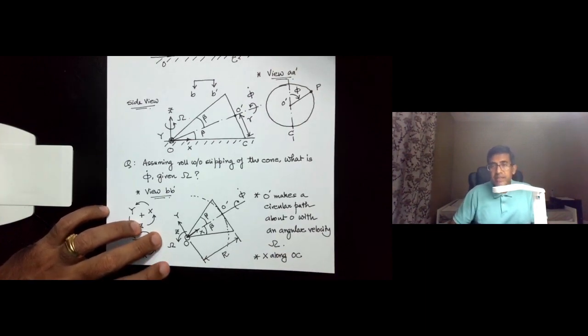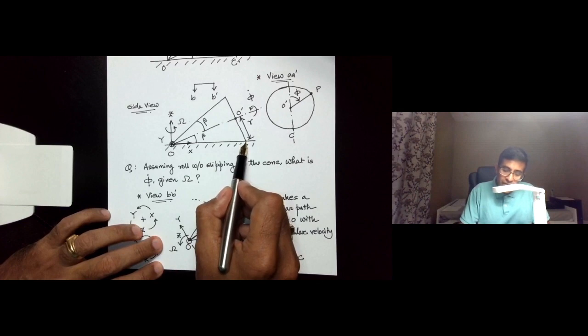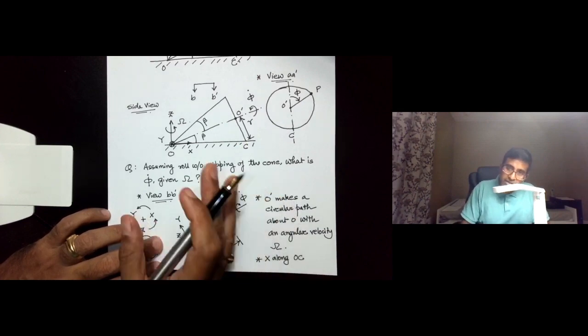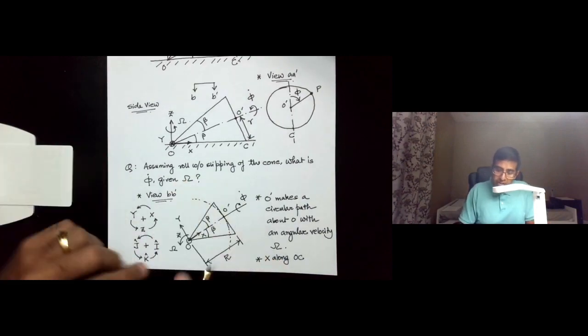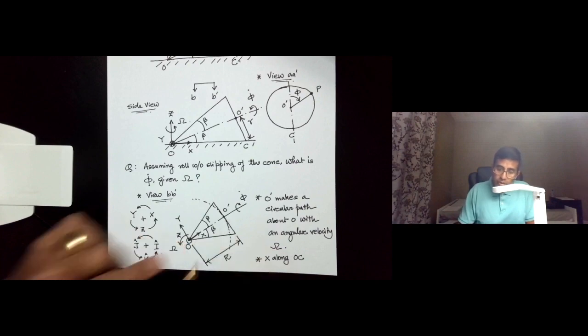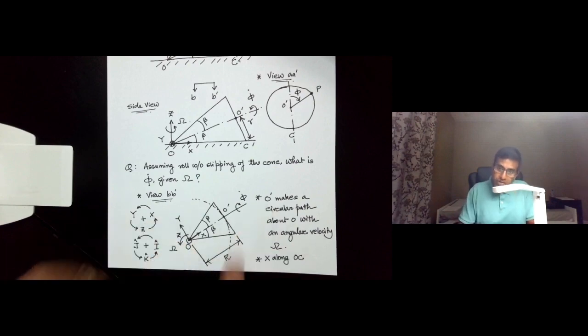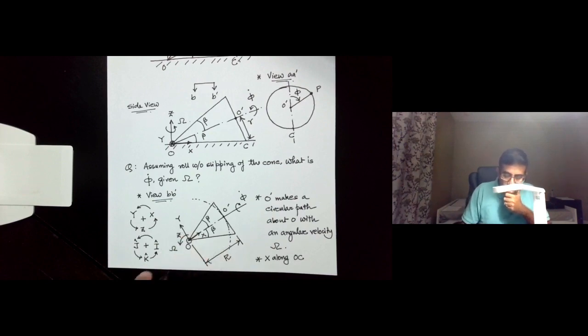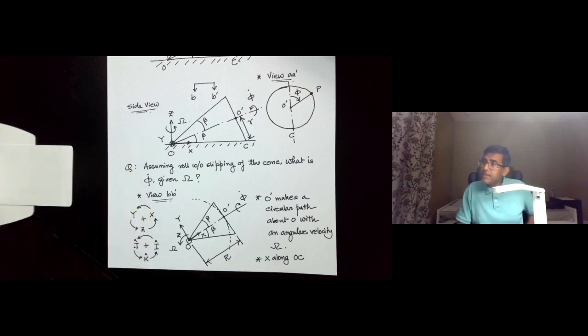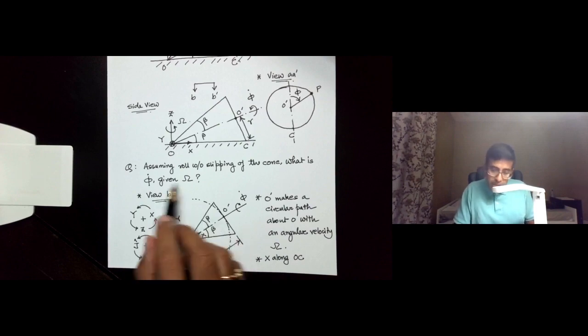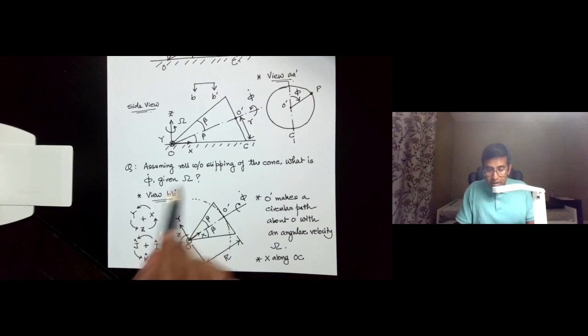C is the instantaneous point of contact of this base circle with the ground, and so as the cone rolls, that point C is also going to change, but the x-axis is always going to be along the line from O towards the point C. So it's a rotating coordinate frame, and y is of course just perpendicular to x on the horizontal plane. Okay, so this is the setup, and we want to find the variable phi dot given omega.